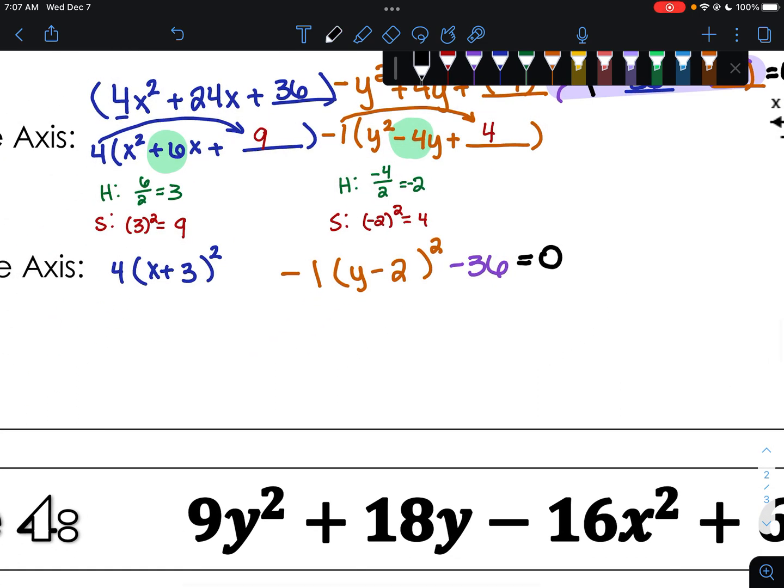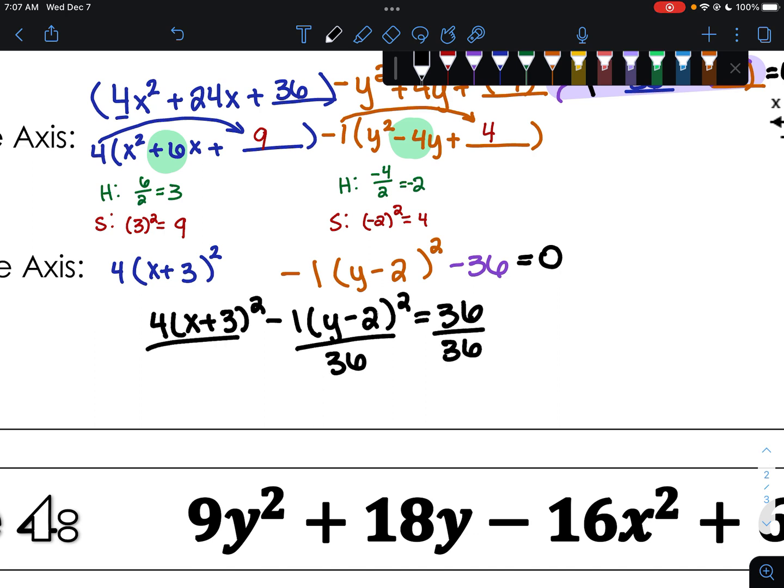So what we do here is we're going to move that 36 to the other side. So that gives us 4 times x plus 3 squared minus 1 times y minus 2 squared equals 36. It has to be set equal to 1. So all we're going to do is divide each thing by 36 and simplify the fractions. So 4 over 36 simplifies to 1 over 9.